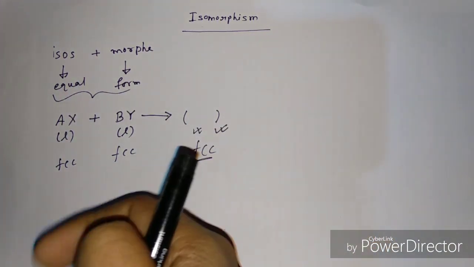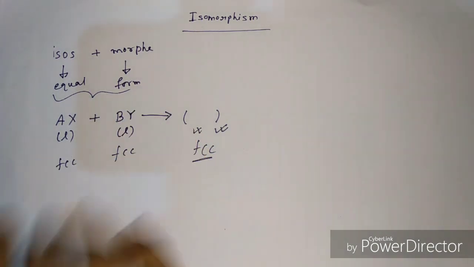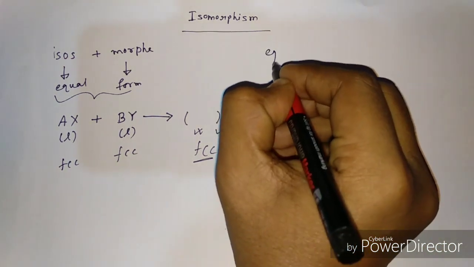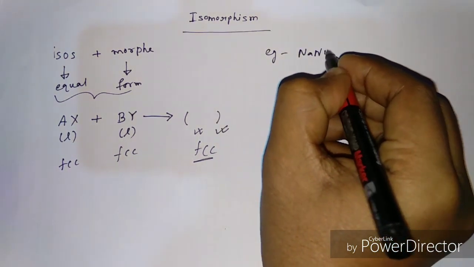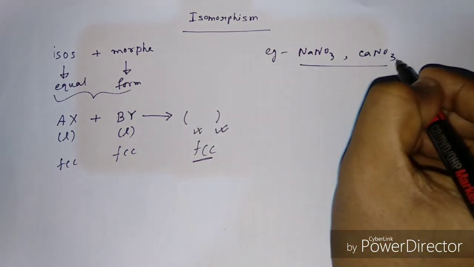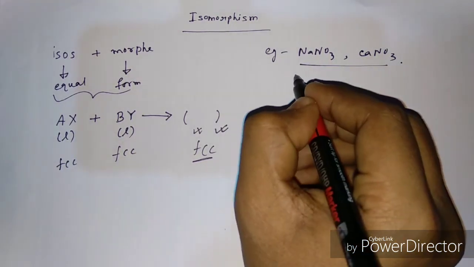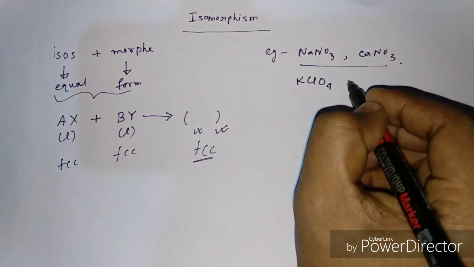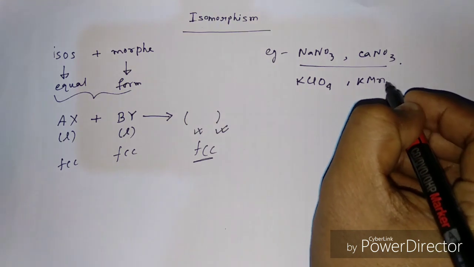Let us consider some real examples. For example, NaNO3 and CaNO3, this pair. Then another pair, KClO4 and KMnO4.